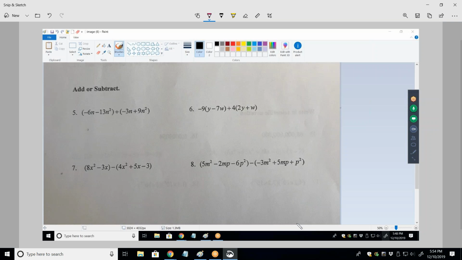Before you can combine like terms, you have to eliminate all the parentheses. So eliminate both sets of parentheses and tell me how to start writing.